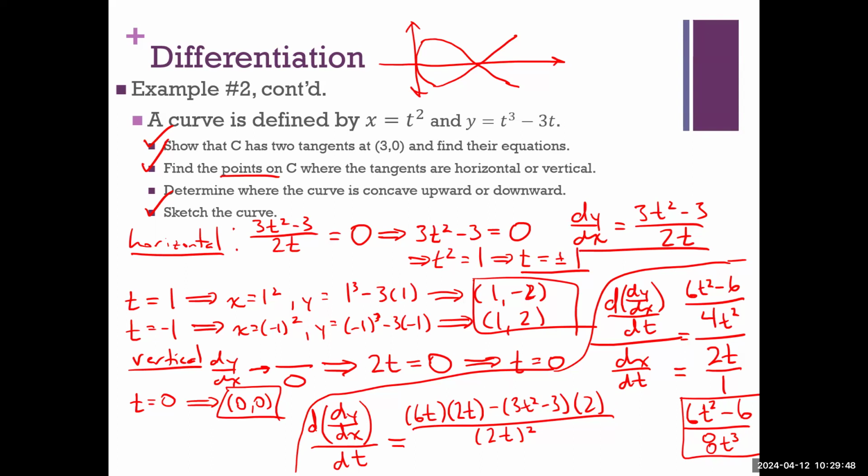You can find inflection points by doing what? If you set this second derivative equal to 0, you can find those inflection points. And then that partitions all your t values. Then you have a better chance of finding out what the concavity is around.